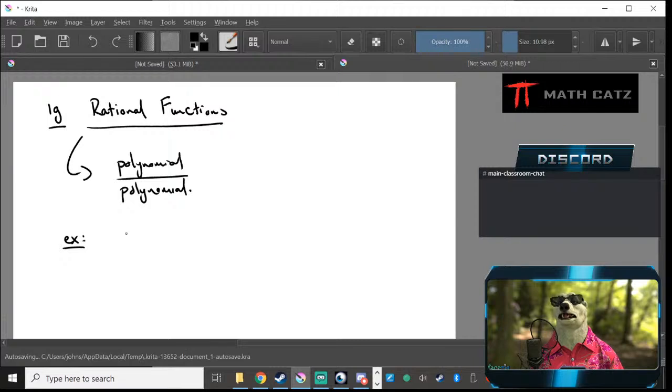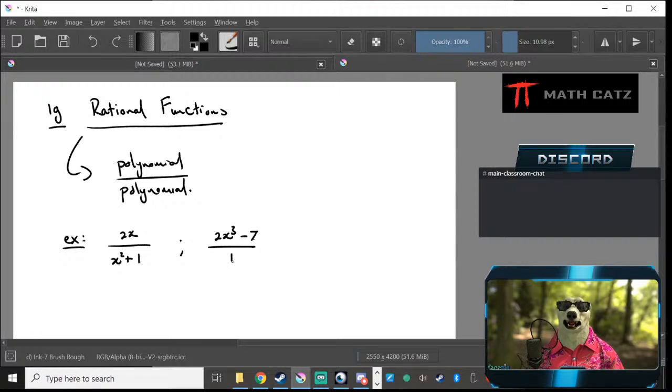An example could be 2x, that's a polynomial, over x squared plus 1, that's a polynomial. So it's a fraction of polynomials. That's a rational function. Of course, I could have 2x cubed minus 7 over 1. Constant, the number is still a polynomial. It's just the constant term.